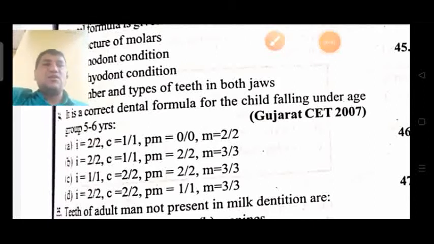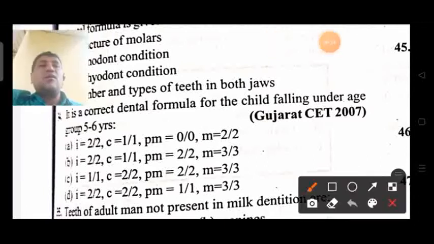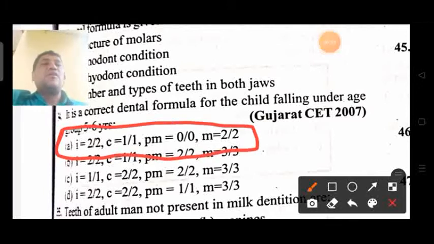Already we have discussed that. Here premolars are completely absent, so 20 teeth are present. Premolars are completely absent in small children up to 9 years of age. So you can go with the answer A here.